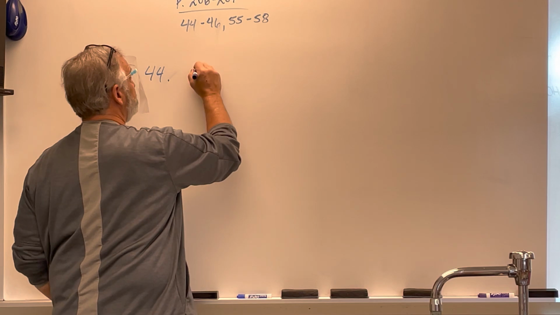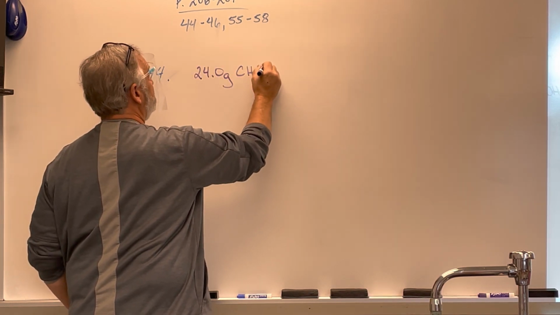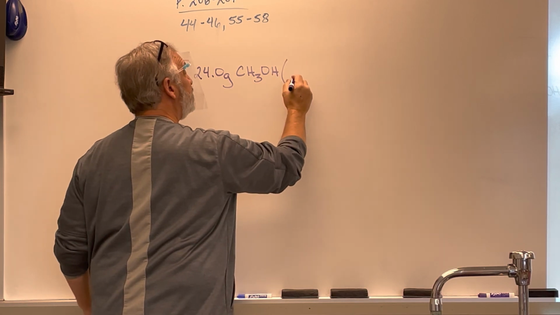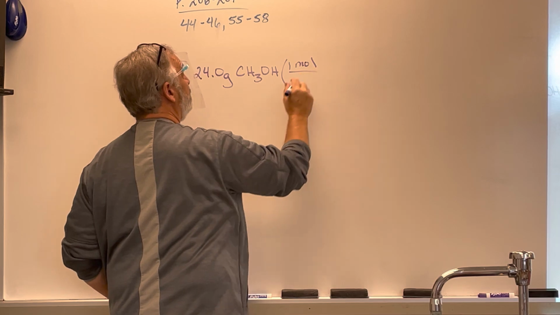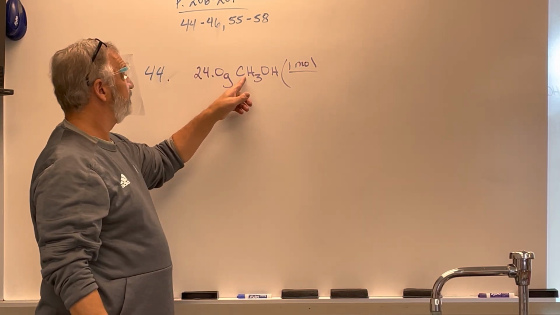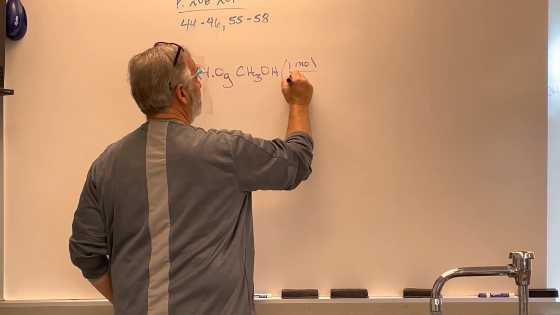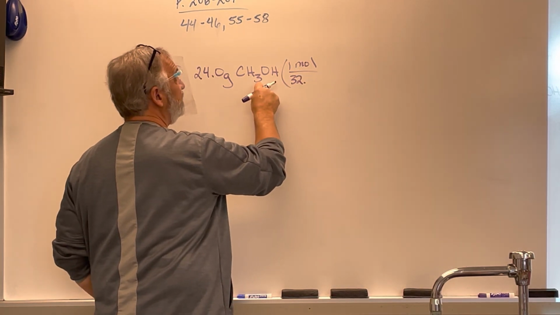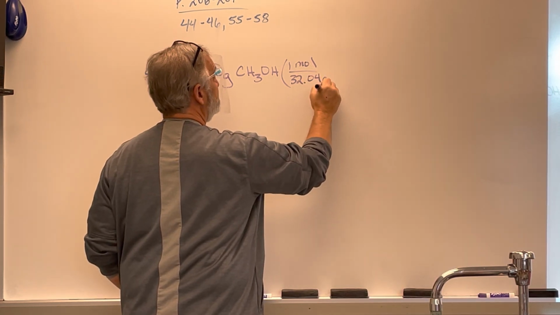So I'm going to start with 24 grams CH3OH. I have to convert it to moles because that's a kilojoules per mole. So I'm going to say 1 mole over the molar mass, 12, 16, and 16 is 32. If you want to carry out, it's going to be 32.04 if you use more digits.